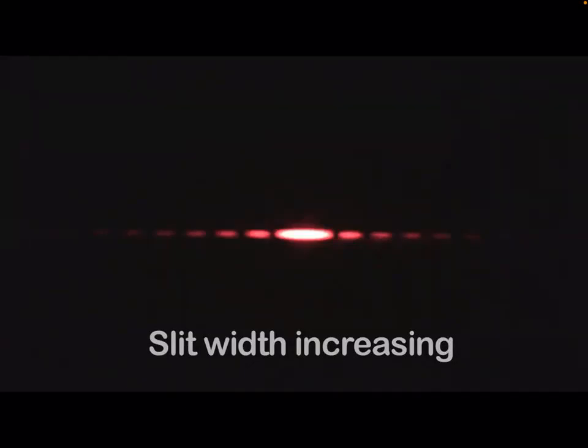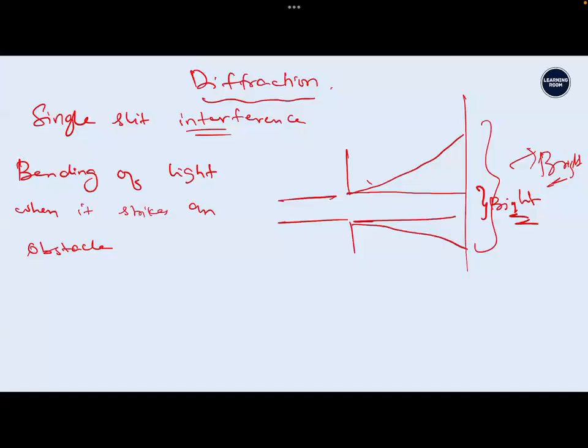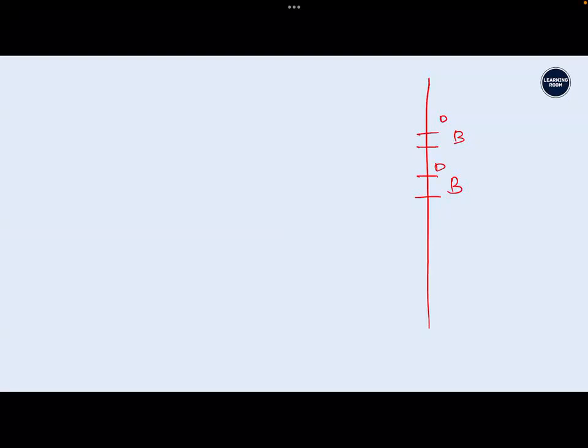So in this case, our job is only to give an explanation of why this is occurring. If you observe the screen, you have a bright spot, then dark, again a bright spot, again dark. It keeps on going like this. Are you able to understand what I'm trying to say?